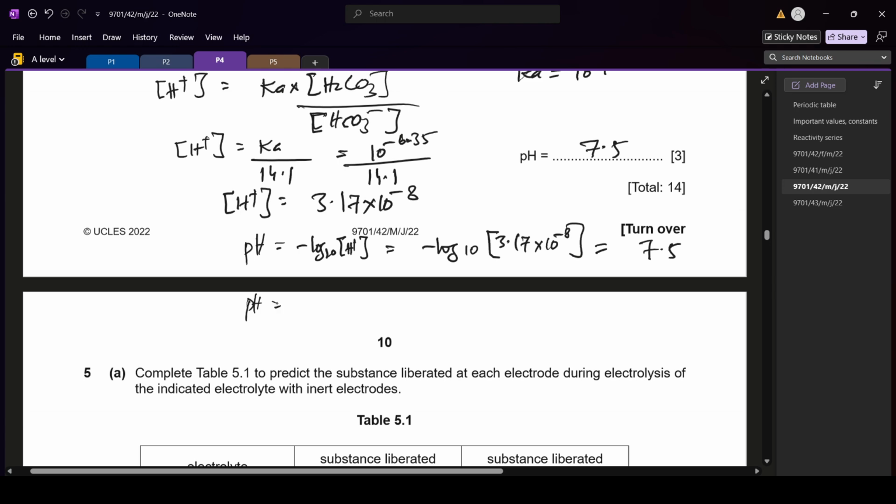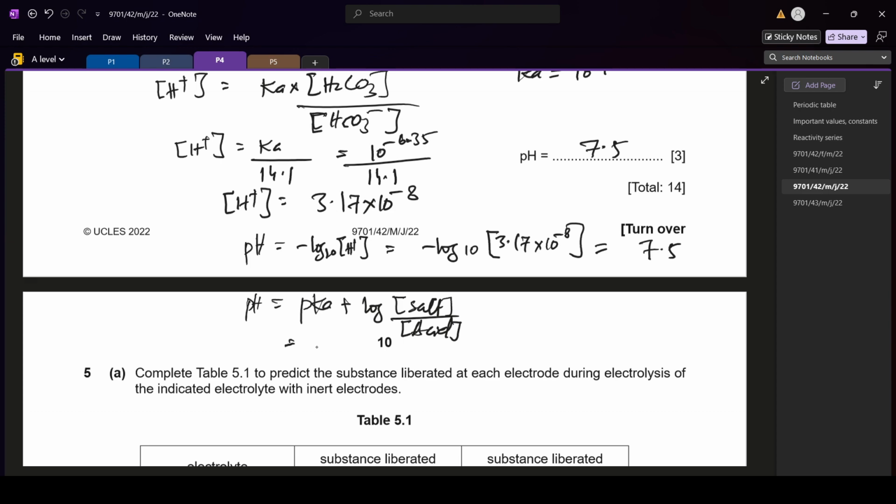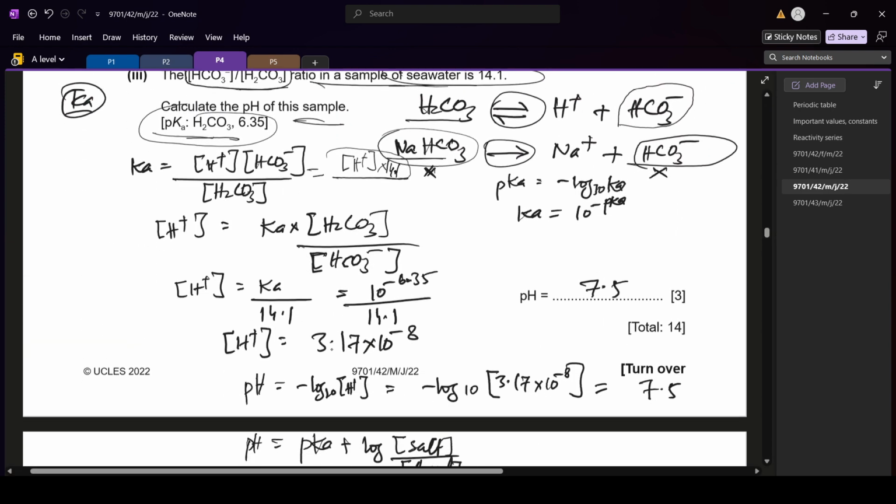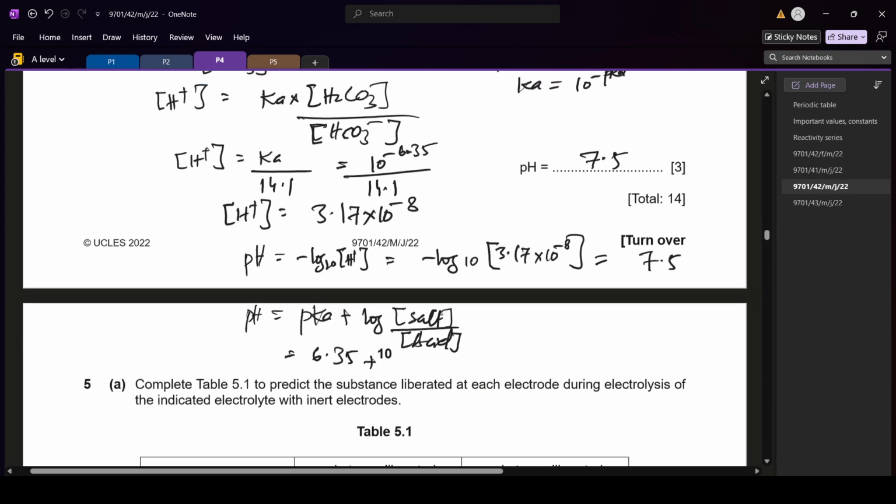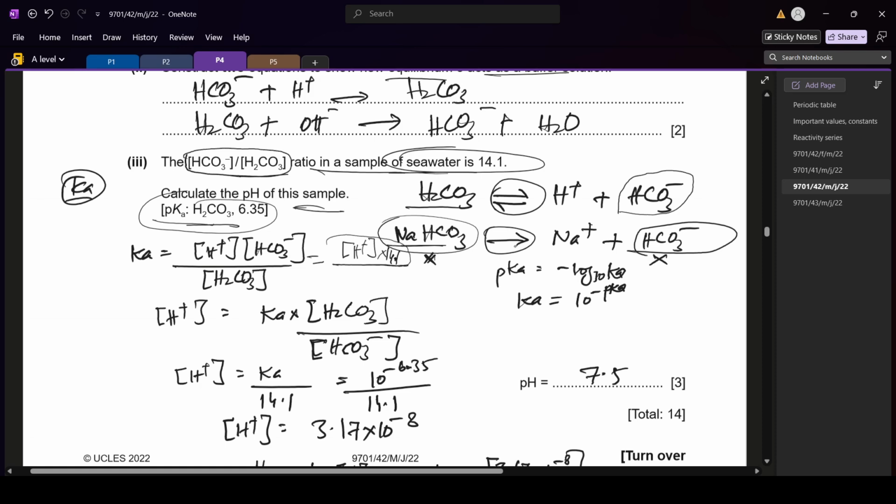The marking scheme has also given an alternative method, and you can also calculate the pH by the formula of a buffer solution. This formula: pH is equal to pKa plus log of the concentration of salt divided by the concentration of acid. This formula can also be used. There you have the value of pKa, 6.35, plus the log of the salt concentration, which is equal to the concentration of hydrogen carbonate.